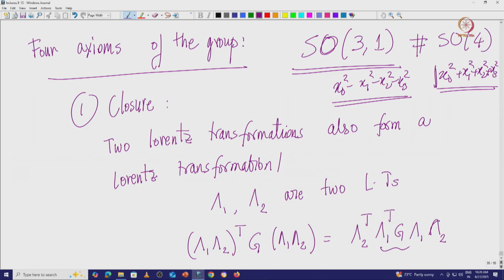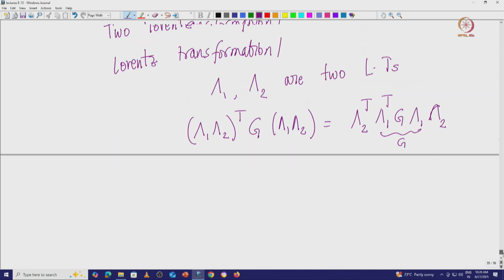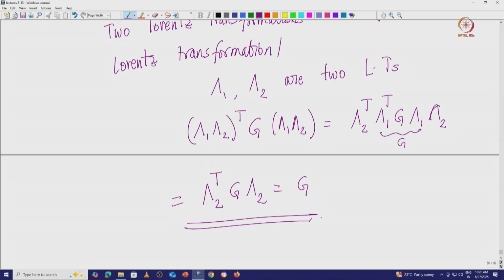Now lambda 1 transpose G lambda 1 is nothing but your G by the above condition. So that means lambda 2 transpose G lambda 2 is also equivalent to G. So this lambda 1 lambda 2 is equal to some Lorentz transformation.